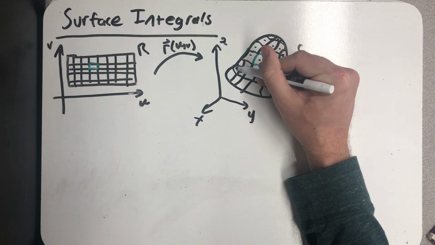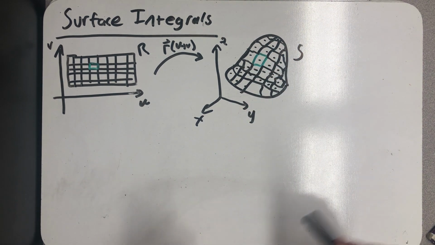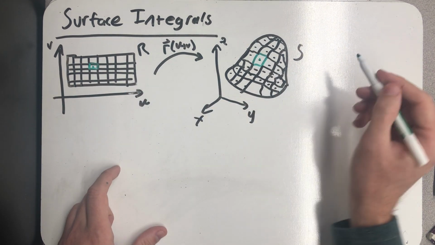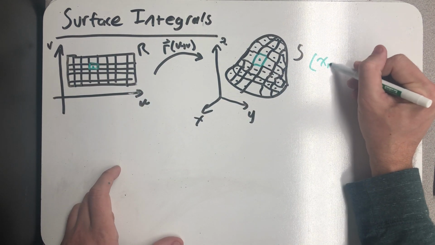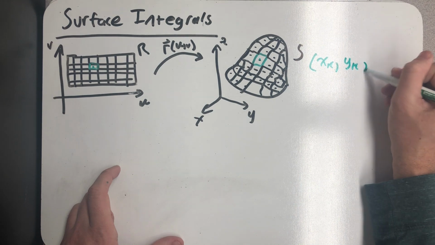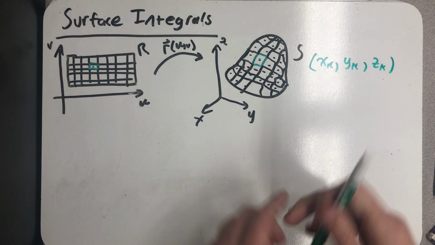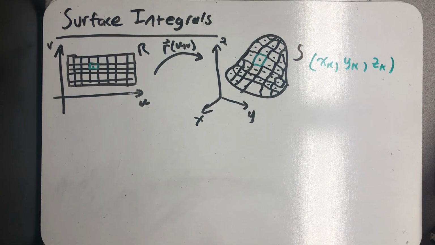I want to imagine that I take a sample point. I've highlighted one of the regions here because I want to imagine that point as an xk, yk, zk. And of course, each one of those little regions would have that point in there.